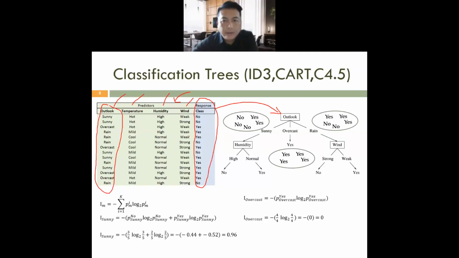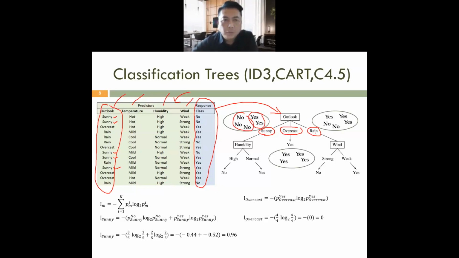So basically we have three unique values: sunny, overcast, and rain. We want to know, if we pick sunny, 1, 2, 3, 4, 5, so we have 5. Three of them belong to no and 2 belong to yes.